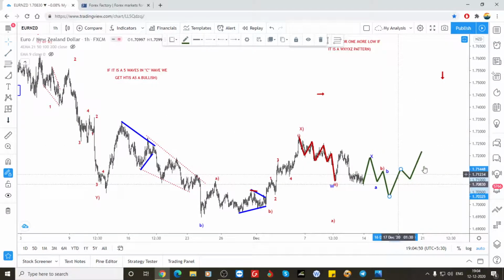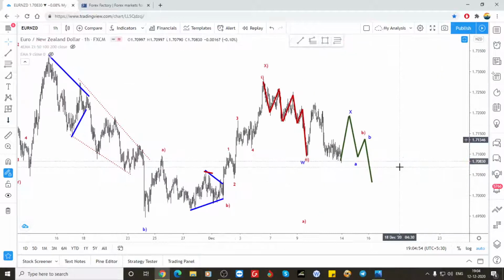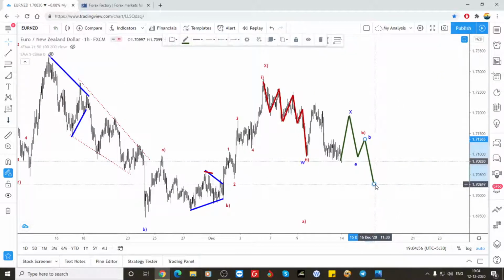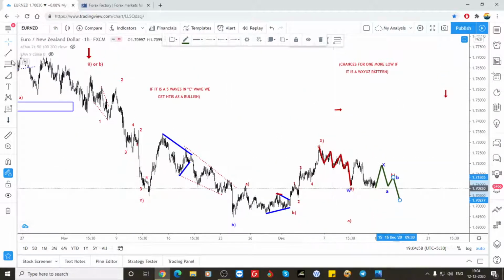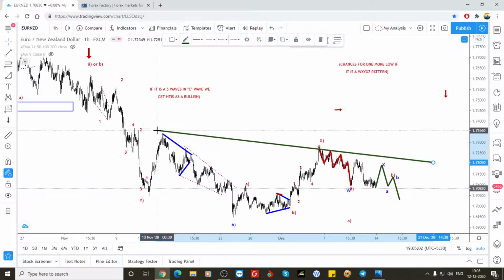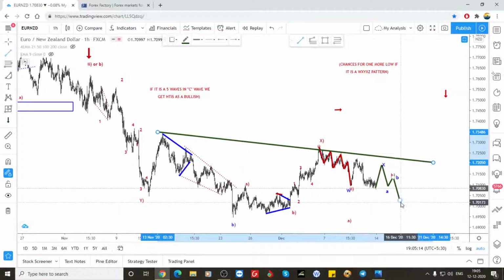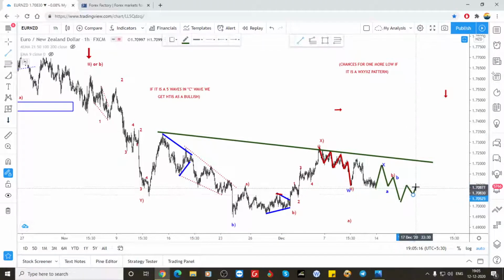So from here, we will just keep this only up to this. So what will be the next? This could be a triangle also. So A, B, C, D, and one more wave to the upper side for the E wave, and then again drop.